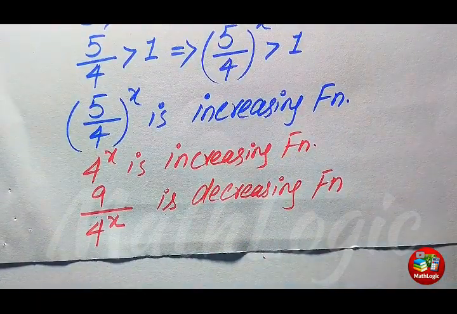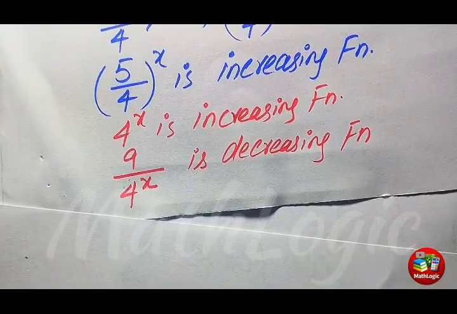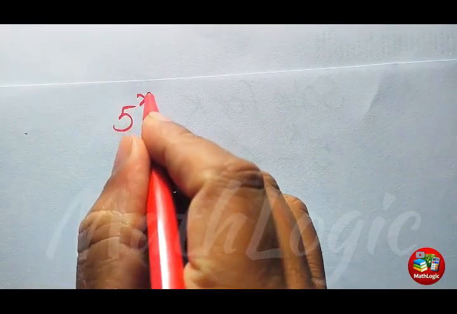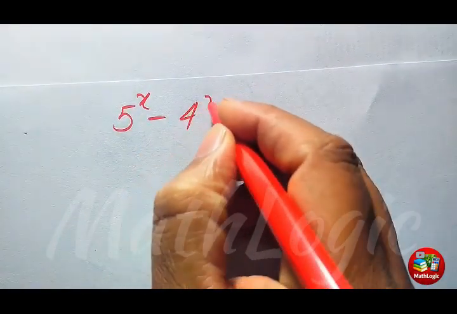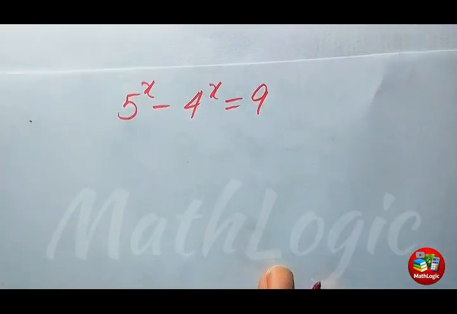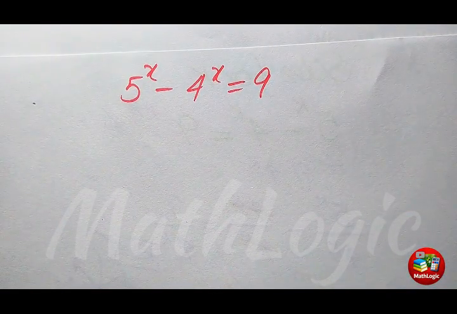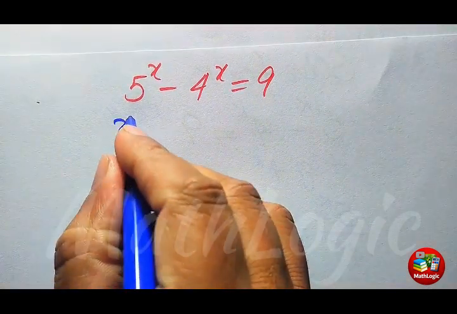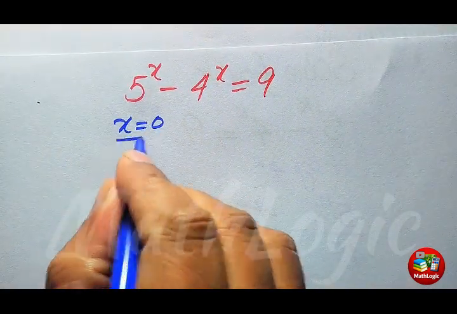For this we need to copy down the given question statement here: 5 to the power of x minus 4 to the power of x is equal to 9. This is our given question statement, and here we find the values of x by inspection. So first we choose x equals 0.